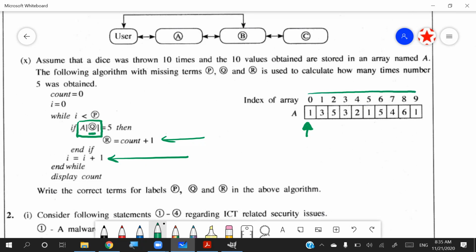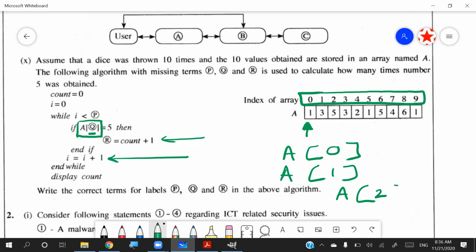When we refer to the first one, we are referring to A0. When we refer to the second, we are referring to A1. When it comes to the third, we are referring to A2. So this place 0, 1, 2 is going to increase 1 by 1. So there should be a variable which increases 1 by 1 and represents the index inside the square brackets.